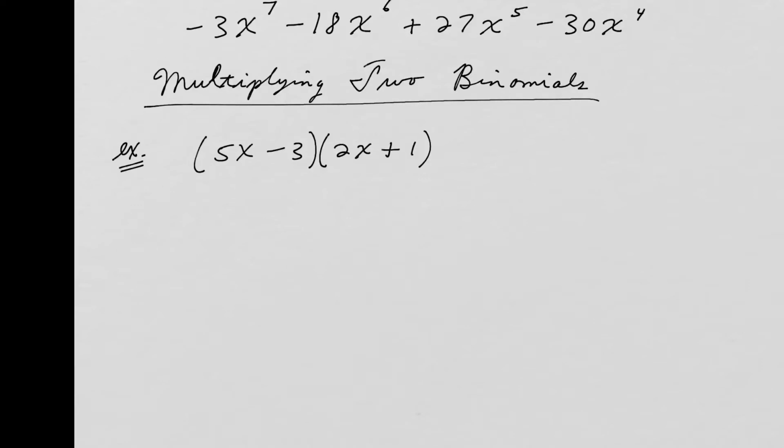Okay, so really what's going on here is we're going to use the distributive property twice, right? So I'll explain it. This is more theoretical, and then I'll show you an easier way that you can do this.